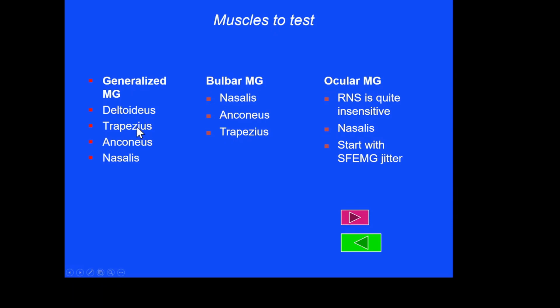So trapezius is safer and still diagnostically good. For bulbar myasthenia, we use the same muscles. Nasalis is always a little difficult for good recording quality. And in ocular myasthenia, repetitive nerve stimulation does usually not add so much.